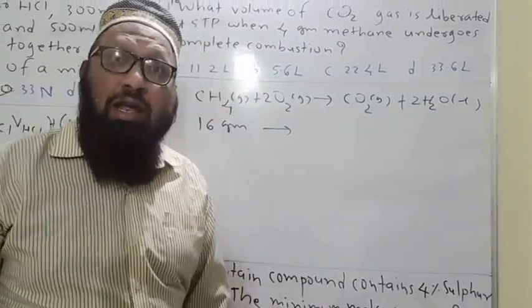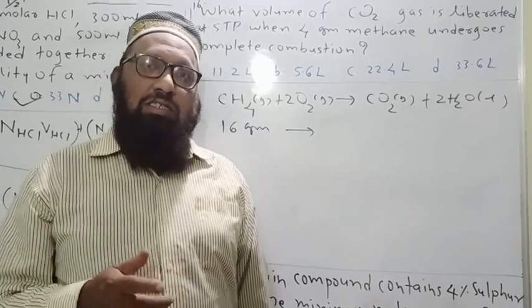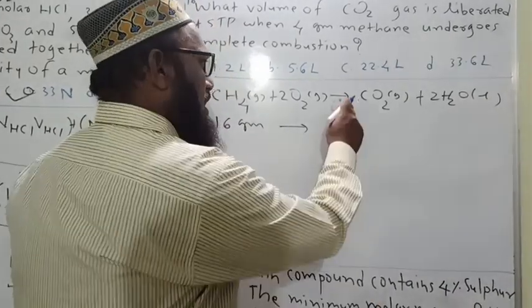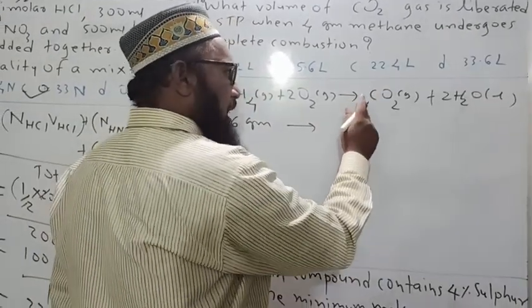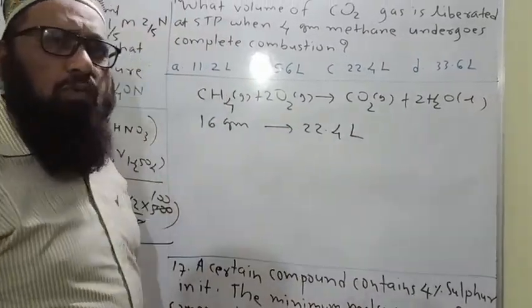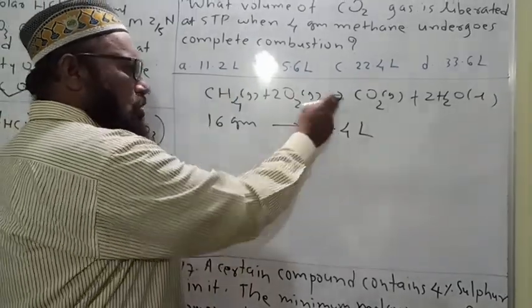And we know that 1 mole of any gas occupies 22.4 liter volume at STP. Here 1 mole is given, 1 mole of carbon dioxide is formed, which is 22.4 liter or 22.4 decimeter cube volume of carbon dioxide is formed according to the stoichiometry.